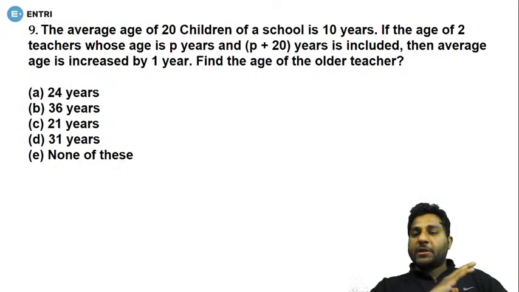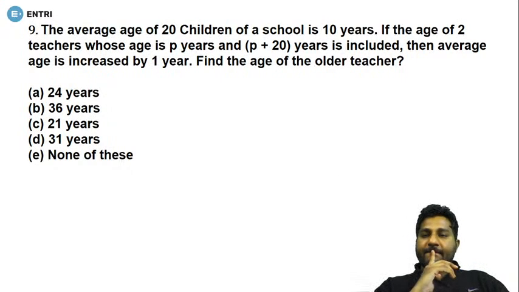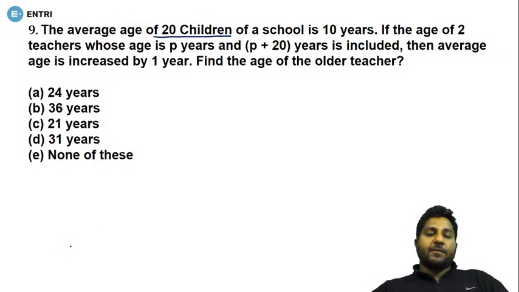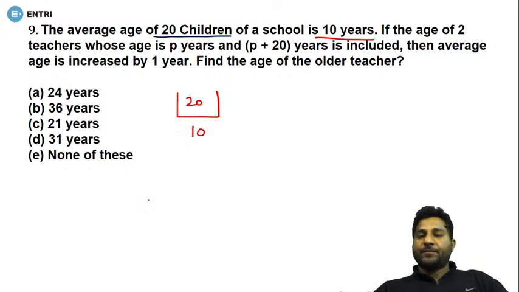Now the next one. Did you get the concept? Now tell me the answer of this question. Look at this. The average age of 20 children in the school was 10 years.